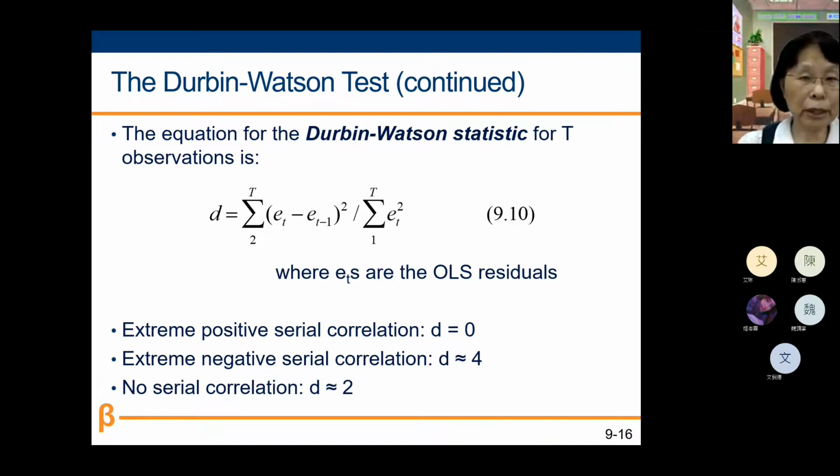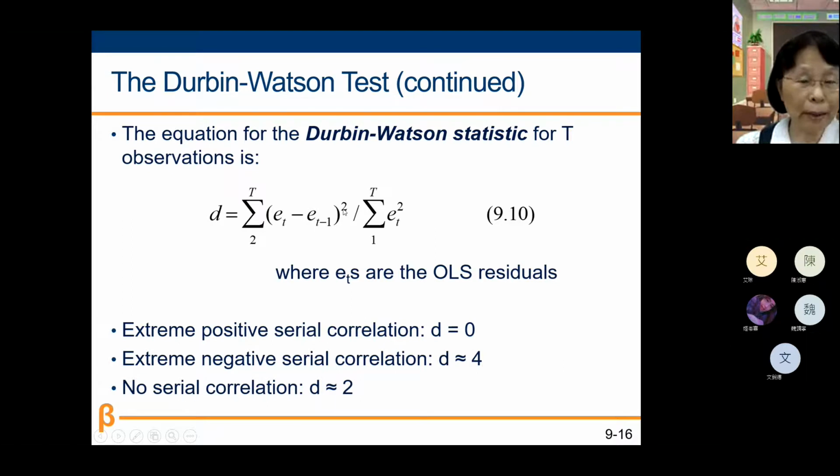Okay, there are three situations. The first one is extreme positive serial correlation. When we say extreme positive serial correlation, it means that the current error terms will fully reflect what we have for the previous periods. In other words, e_t and e_t minus 1 will be very close, so the difference of e_t and e_t minus 1 will be very small.